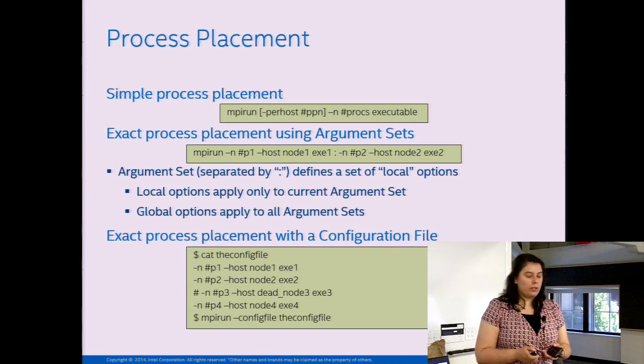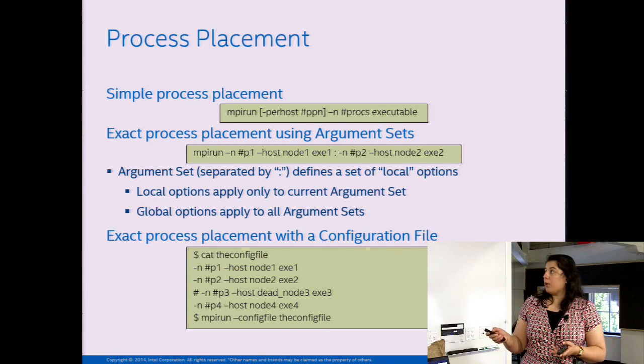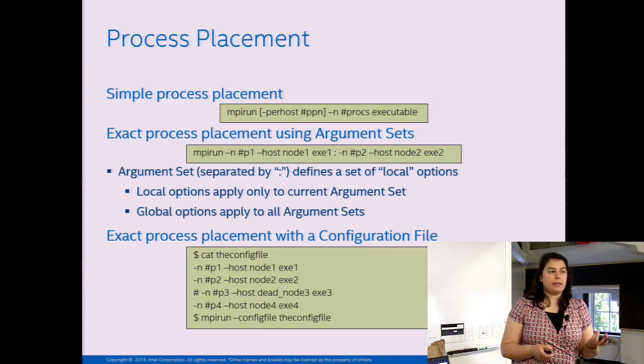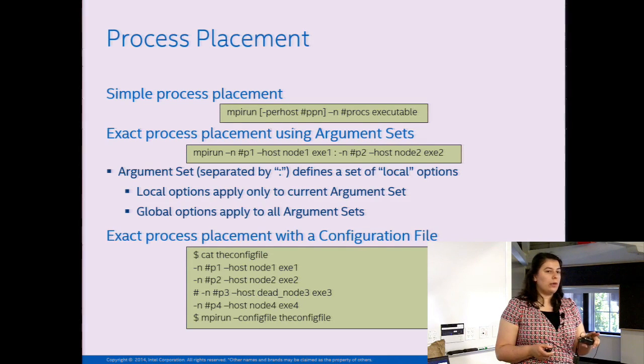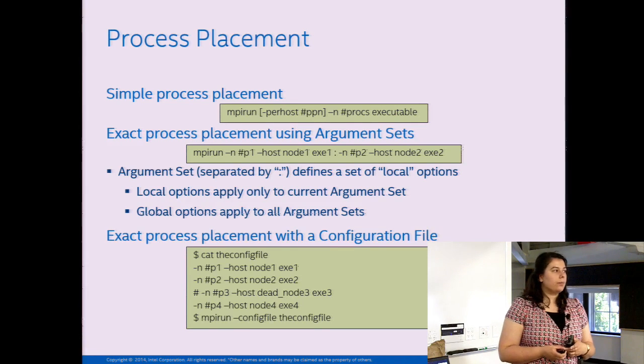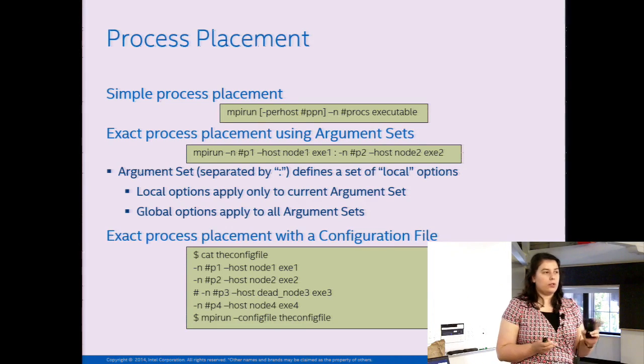So you can just do -perhost 2 here, and that means you put 2 MPI ranks on the current node, and then the next 2 will be put on the second node, and so forth. It just goes down the line. And I guess it also picks individual sockets too. So if you want 1 MPI rank per socket, that's done automatically for you.